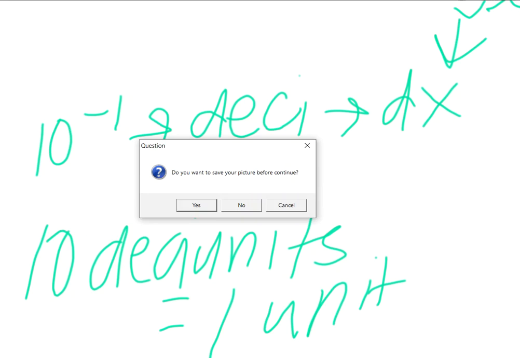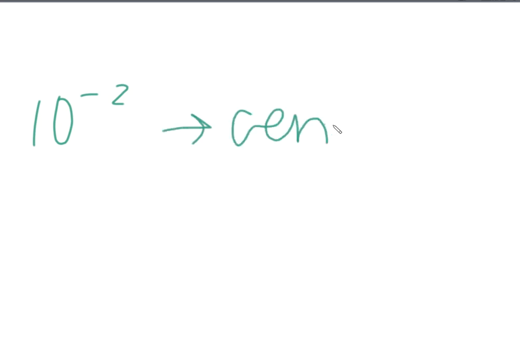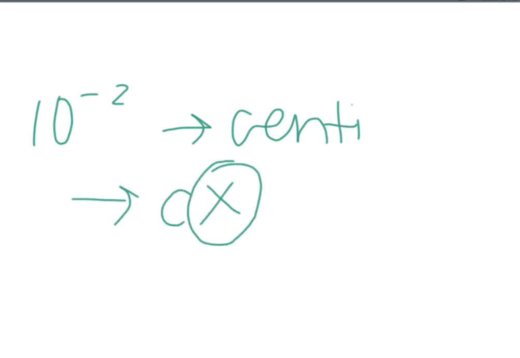I'm just going to do the rest, so I'm going to change the color to a little bit darker. Then we have 10 to the negative 2, which is centi, and that looks like cX, that's your variable once again, and 100 centiunits is 1 unit.